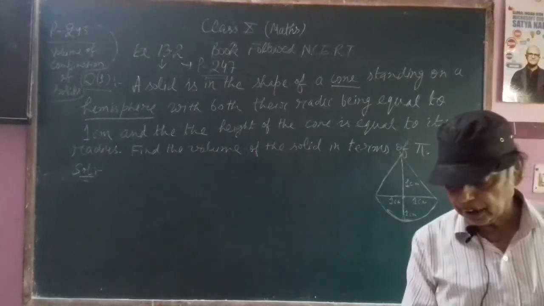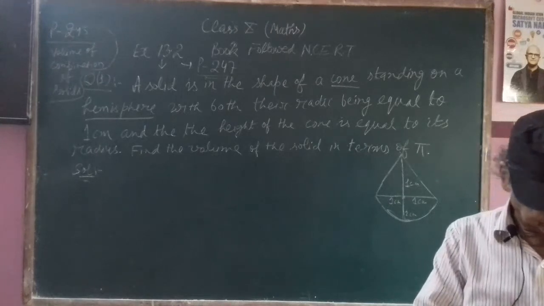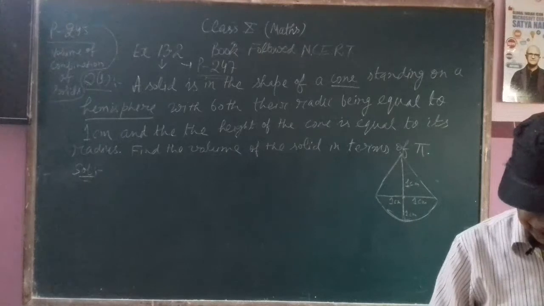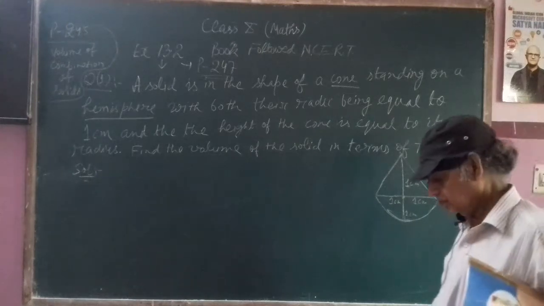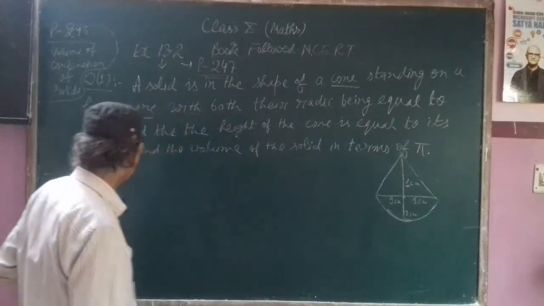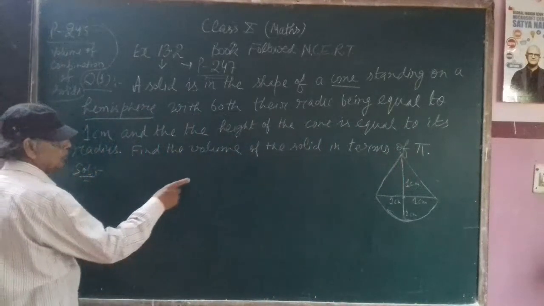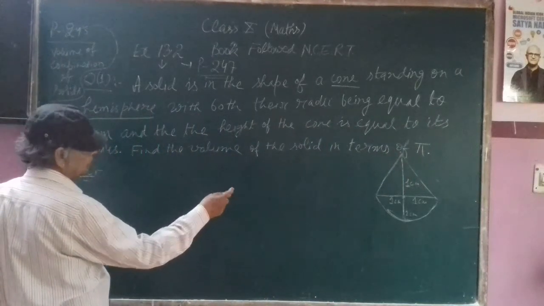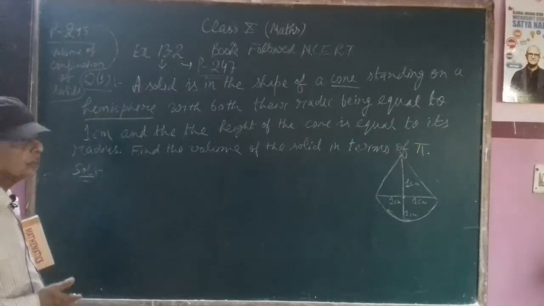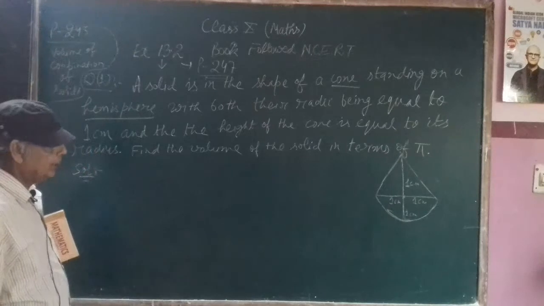Now write down the data which is available to you. First of all, you can go to the cone or you can first do your hemisphere, as you like.